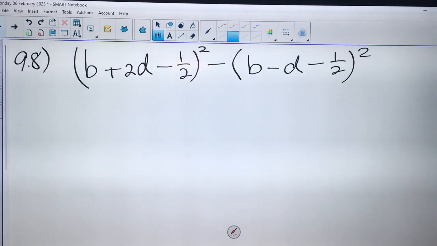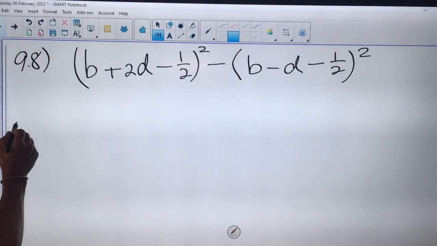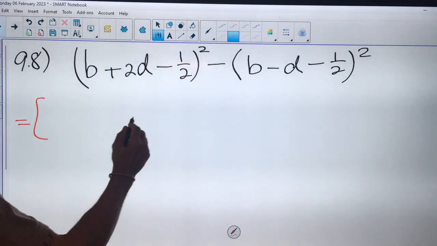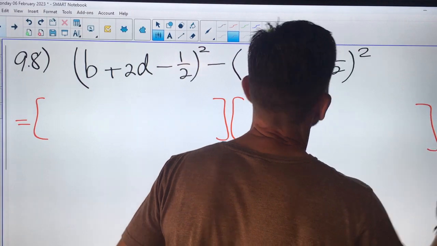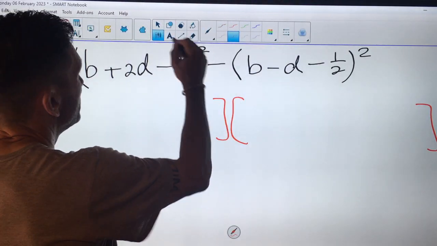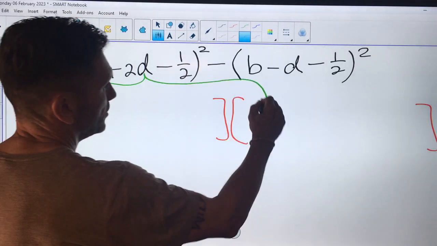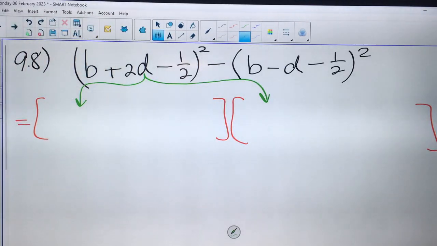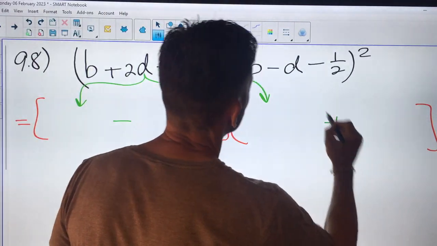because you have to see this as a bracket, and a bracket that is squared. So check what I'm going to do. This bracket is going to go here and going to go there. There's going to be a minus in between here, a plus in between here.